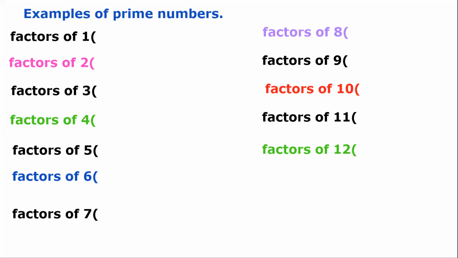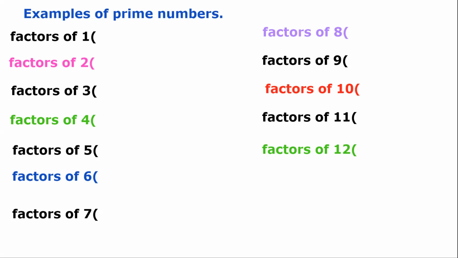Remember, prime numbers are numbers with only two factors, while composite numbers are numbers with more than two factors. So based on this definition, we are going to identify the numbers that belong to the prime numbers and those that belong to the composite numbers, by using the factors method.